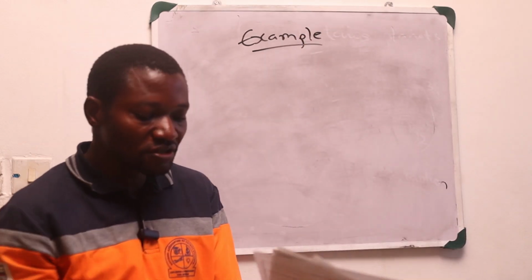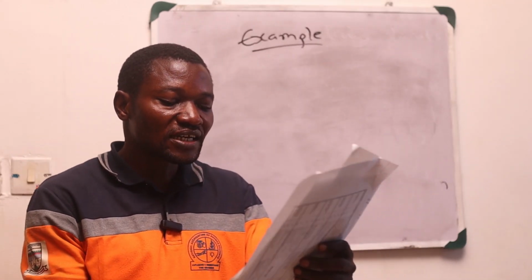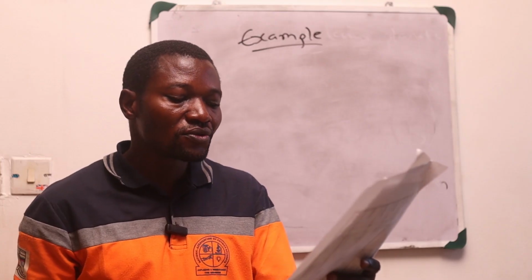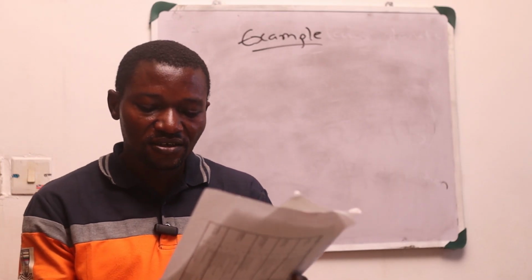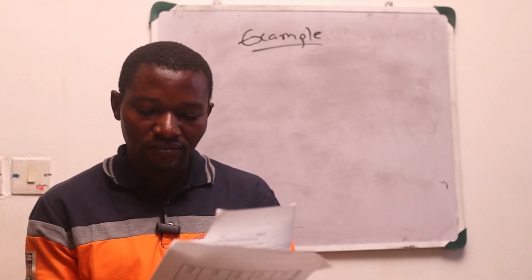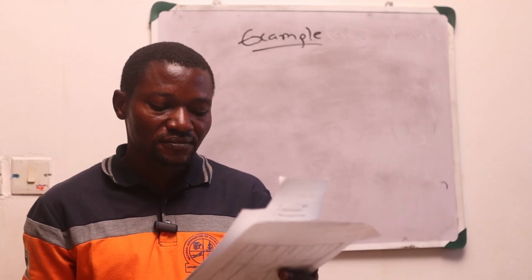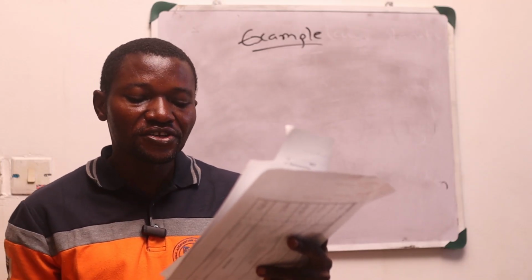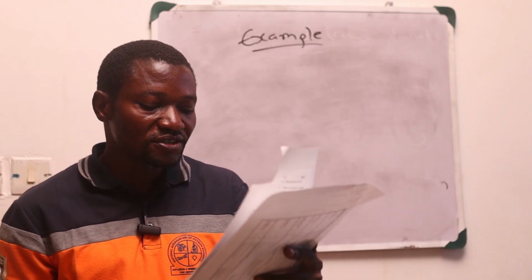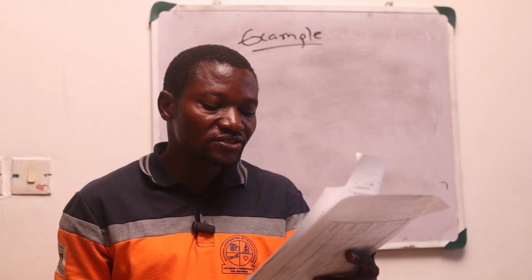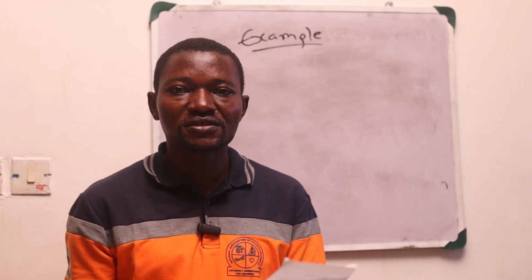Example, we have a question here. Venus is an average distance of 1.08 times 10 raised to power 8 kilometers from the Sun. Given that the period of the Earth is 1 year, estimate the length of Venus' year using the fact that the Earth is 1.49 times 10 raised to power 8 kilometers from the Sun on the average.